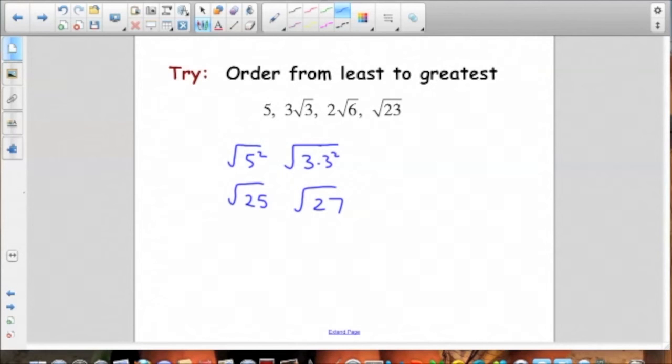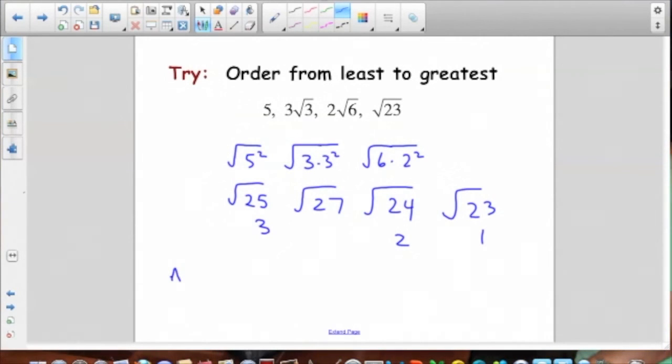The next one is root 6, which is entire, or is the radicand, and we square that, so we get 24. And the last one, it's already in the entire form. So now it's a matter of organizing them from least to greatest. So from least to greatest, we have number 1, that's the least, 2, and 3.